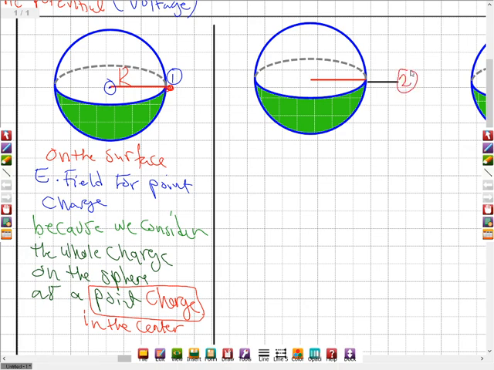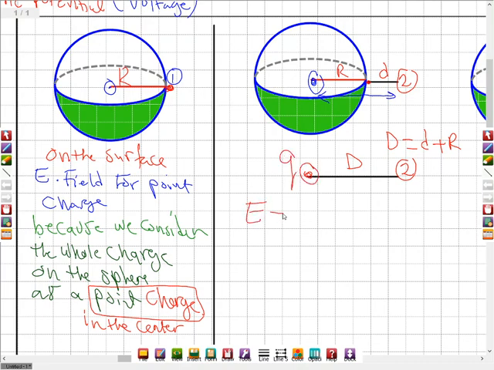The distance is taken from the center O to point 2, and my distance here is D, where D equals the distance from the surface plus R. We have a point charge Q, then E equals K Q over D squared.